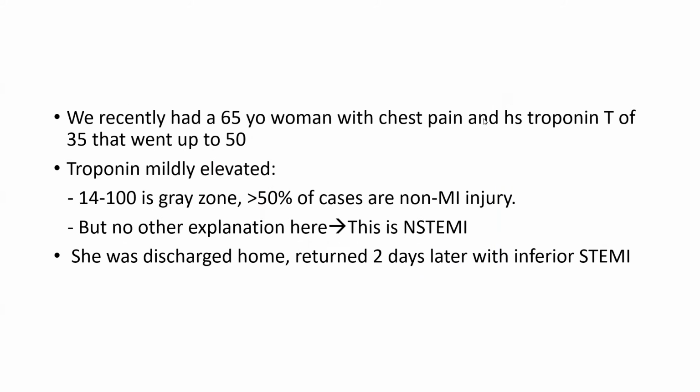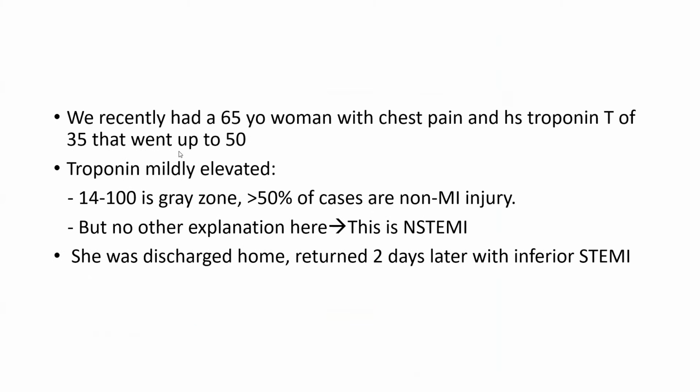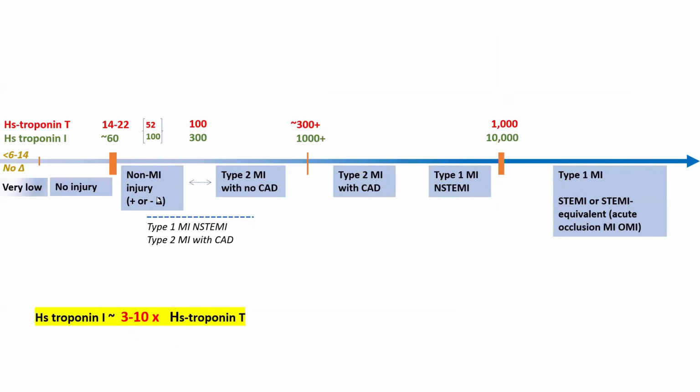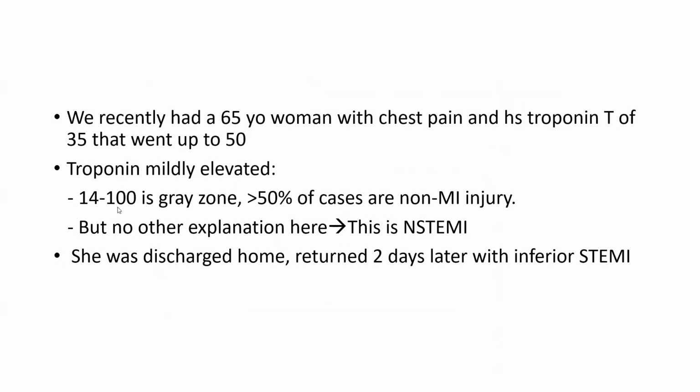We recently had a 65-year-old woman with chest pain and a troponin T of 35 that went up to 50. So she was in this zone here that could fit with non-MI injury. So 14 to 52 or 100 is a gray zone. More than 50% of cases are non-MI injury, but she has no explanation here.